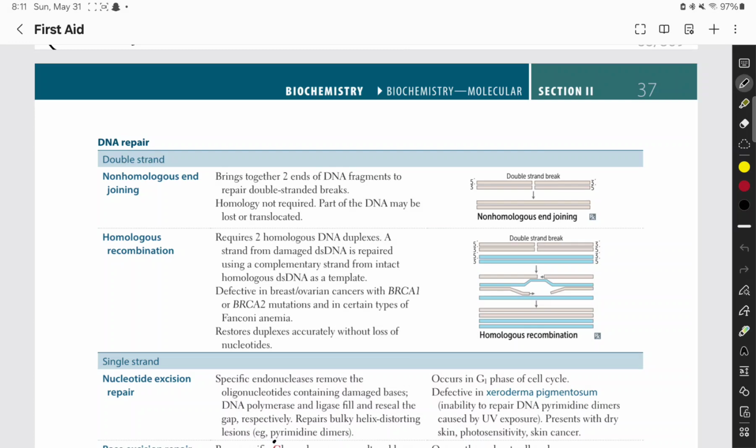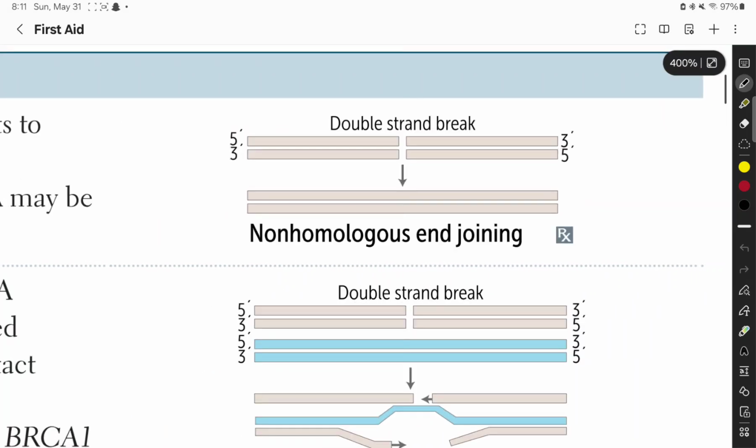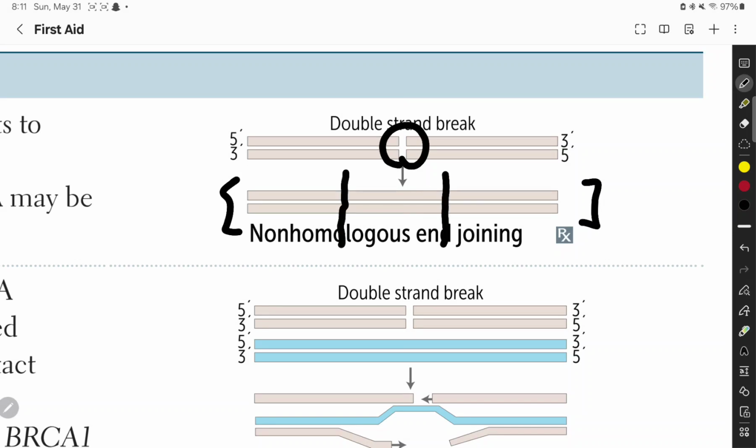When we're discussing non-homologous end joining, this is the DNA, and there is a defect here. There is a double strand break like this, like they have described over here. This means that the entire double strand structure of DNA breaks, and there is non-homologous end joining.